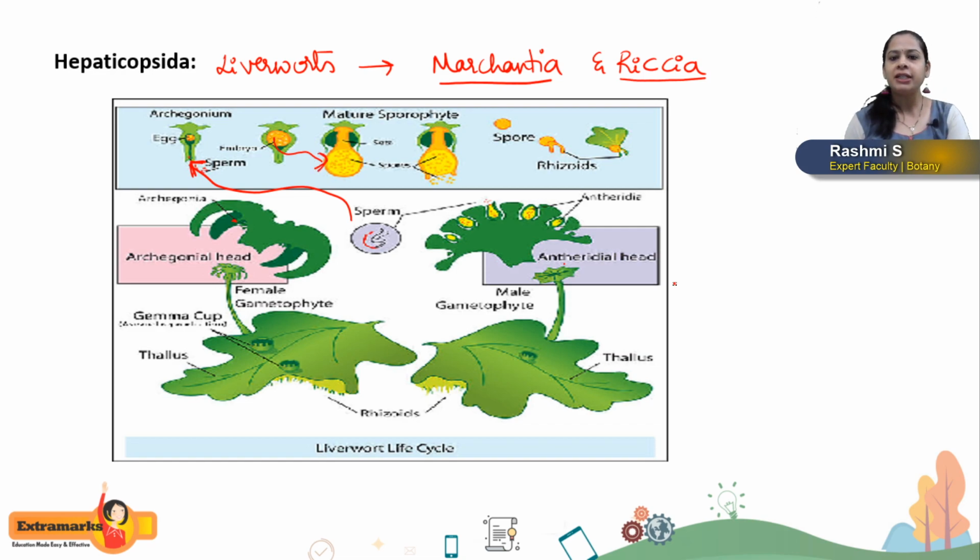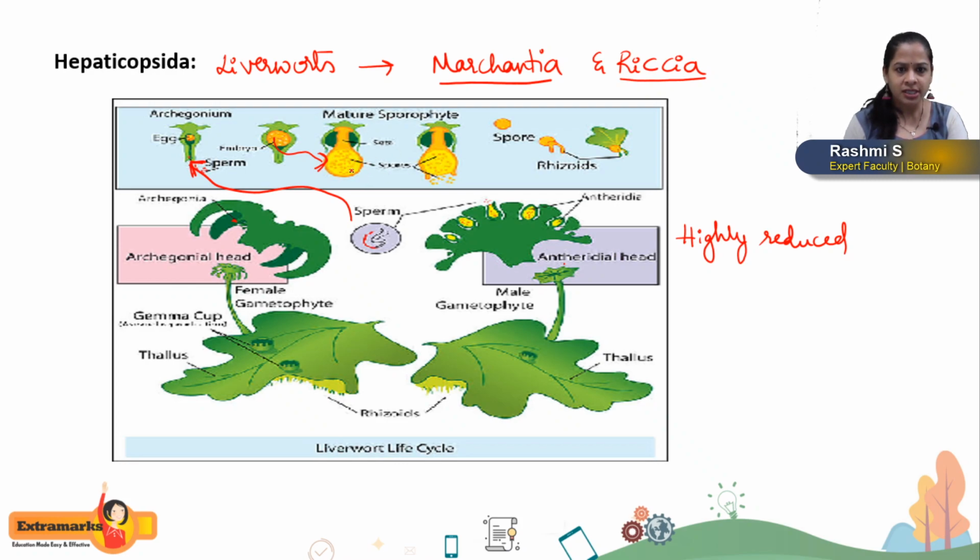But the sporophyte in liverworts is highly reduced, which means a very small sporophyte is present in liverworts. In the sporophytic structure, they have a number of spore mother cells.